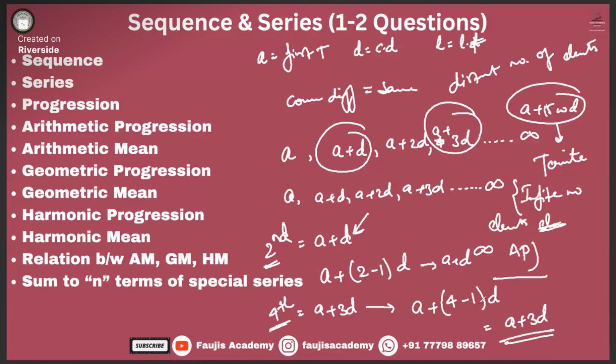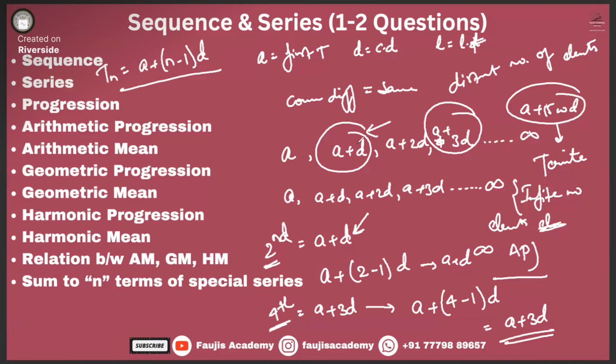So if anyone asks you what is the nth term of an arithmetic progression, it is given by the formula A plus n minus 1 into D. This is not even a formula, this is common sense.